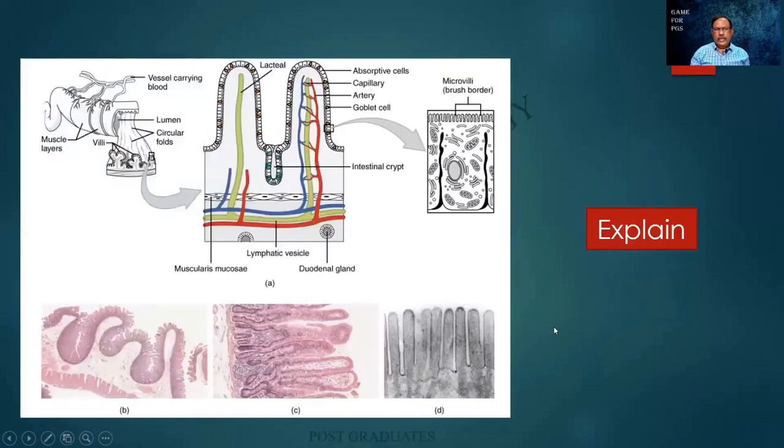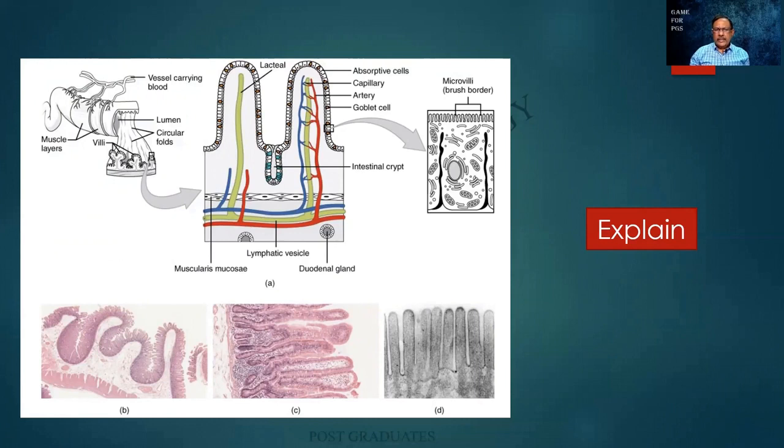This is what I was telling you. The layers of it we had already seen. I will not be going into that. But then there is a villus. Starting from the duodenum, you have got long finger-like projections called the villi. And they will be having a slender fibrovascular core that is loosely supported by the lamina propria.